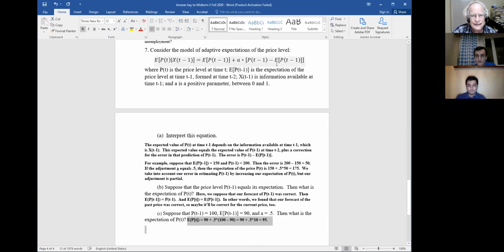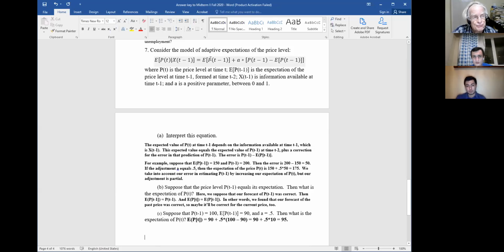Using this formula, let's see, our error about last year's price level is 10. A, the adjustment factor, is 0.5. So this says that we will add 5 units to our expectation of the price at time t.